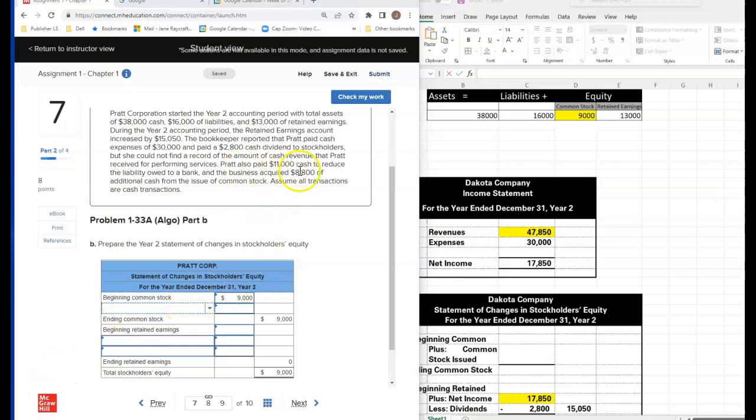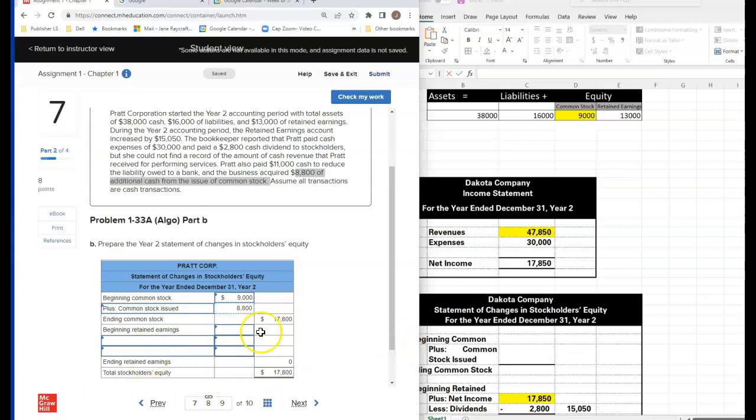I also know from down here that during the year, we issued $8,800 of common stock. So we're going to add our common stock issued of $8,800. So there is our common stock for the end of the year.